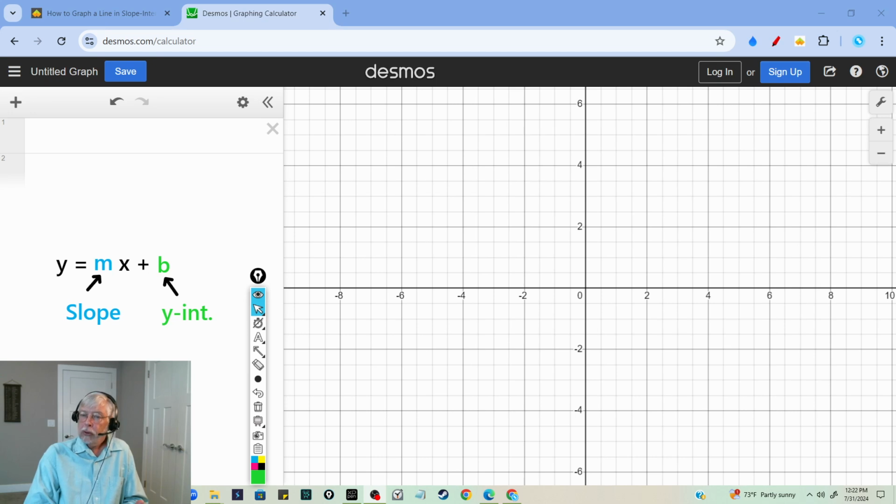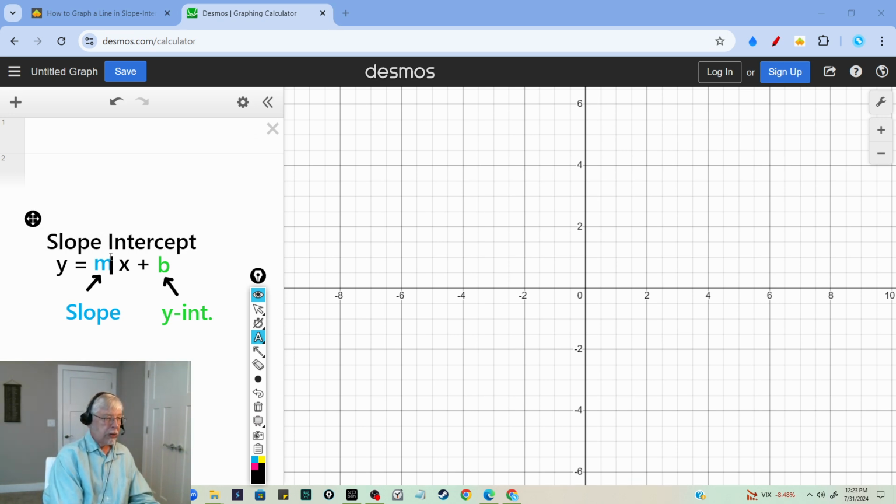Now, slope is used in a lot of different equations, but what we're going to use is the slope-intercept form, which is y is equal to mx plus b. So if you ever see this equation, just know that it's called the slope-intercept form. Now, why do we call it that?